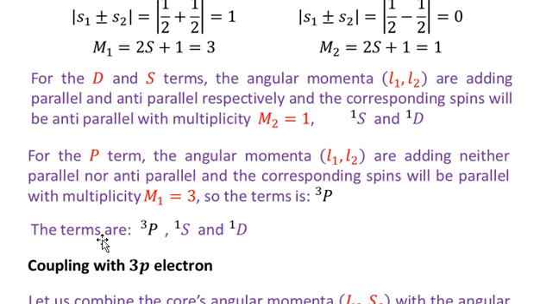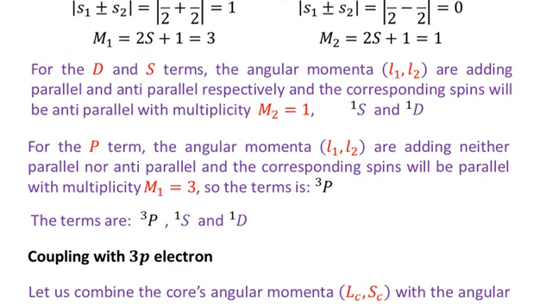So the terms corresponding to the core electrons for the second excited state, and the core electrons were 2p2 electrons, that is the two 2p electrons. From these 2p2 electrons, I have obtained these terms, that is 3P, 1S, and 1D terms. Now I shall combine the angular momenta of these terms with the angular momenta of the 3p electron to obtain the final terms.